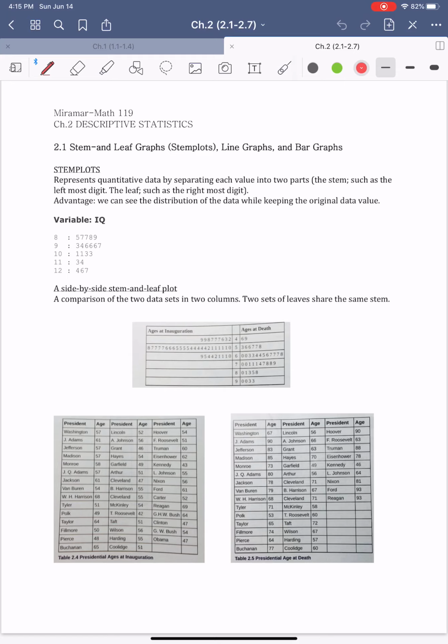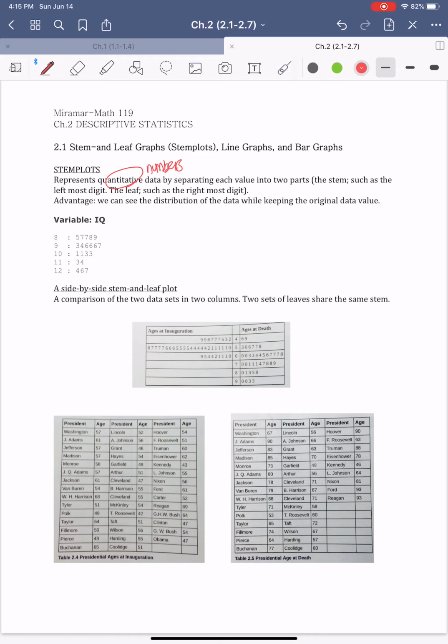Stem plot, also known as a stem and leaf graph. What is it? It represents quantitative data. Again, we talked about quantitative versus qualitative last time. Quantitative is data involving a number, right? Numbers. So you're going to see the numbers involved, separated into two parts: the stem, such as the leftmost digit, and the leaf, such as the rightmost digit.